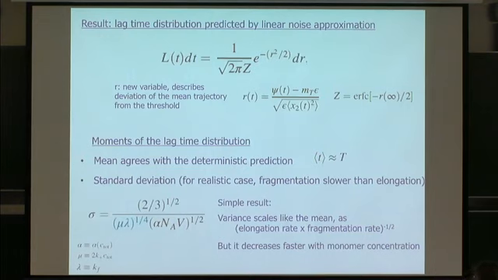So what we find is that the variance of the lag time scales differently with the protein concentration compared to the mean of the lag time. And actually it decreases faster as the monomer concentration increases, because alpha is an increasing function of the monomer concentration.